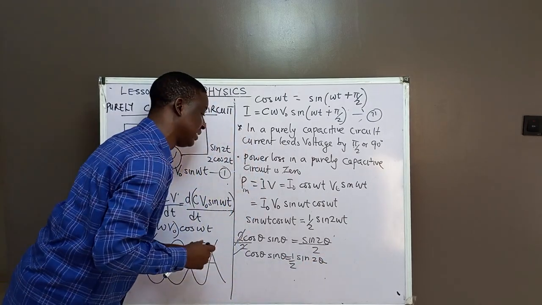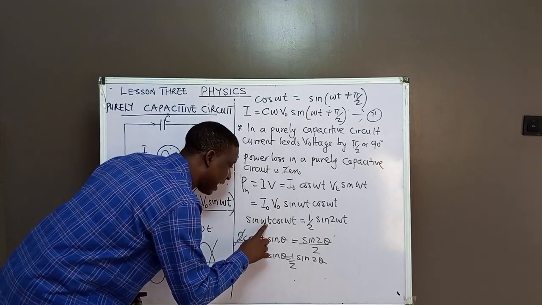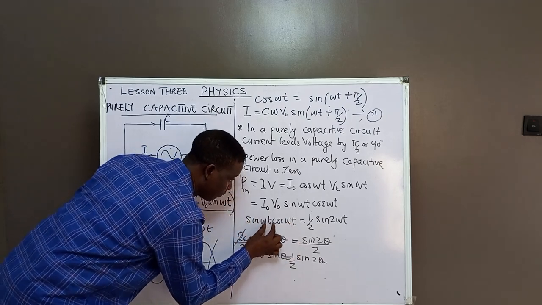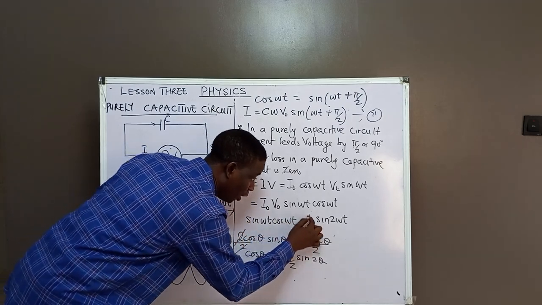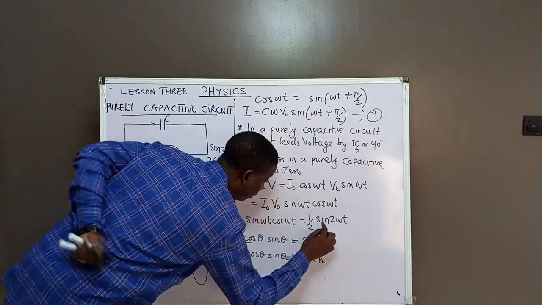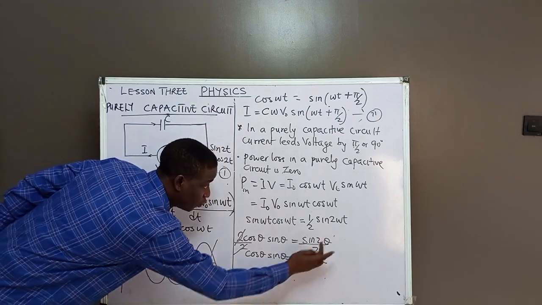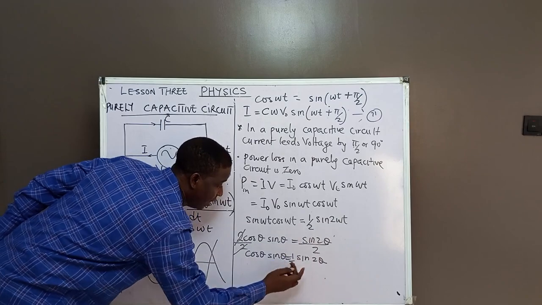So that's what I just did here. This one is like theta, this one is like theta. So just like sine theta cos theta equals half sine 2 theta, that's what I just applied here. So this one is like 2 theta, then half.